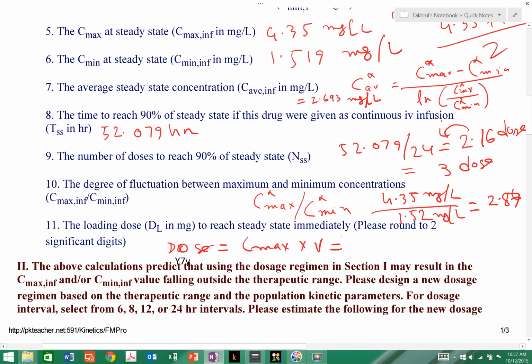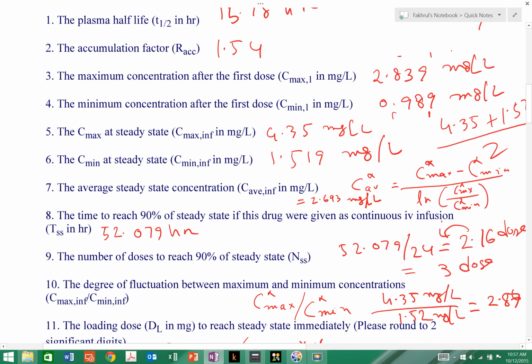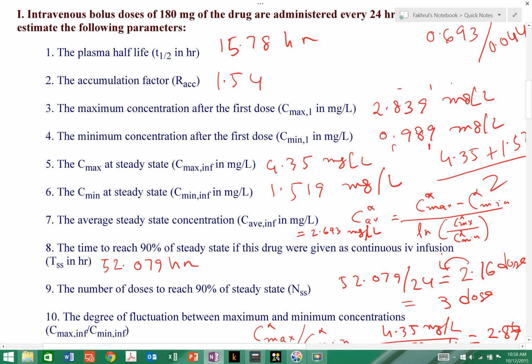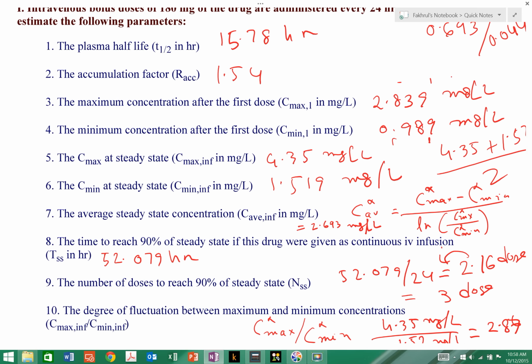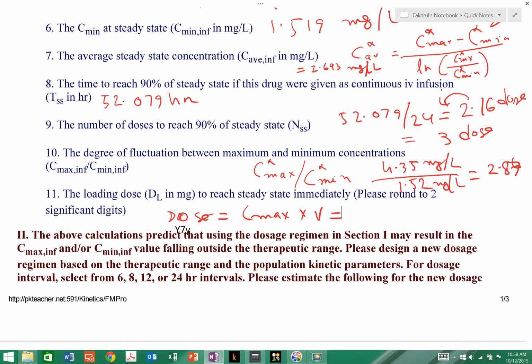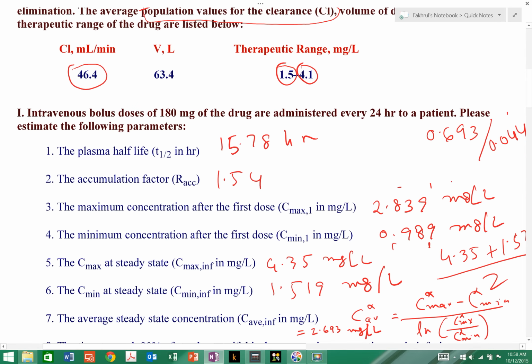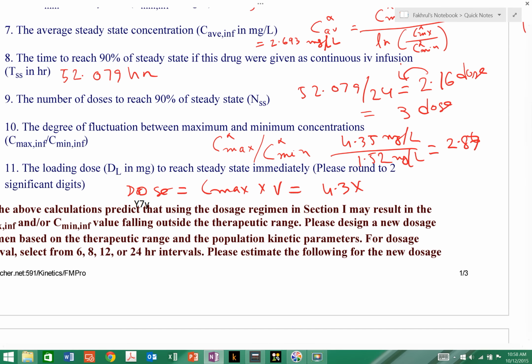So if we go to Cmax after first dose, what is our Cmax? It is 4.37. Cmax at steady state, so 4.37 times volume of distribution, which is 63.4.